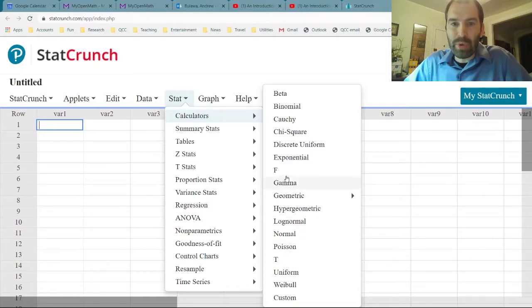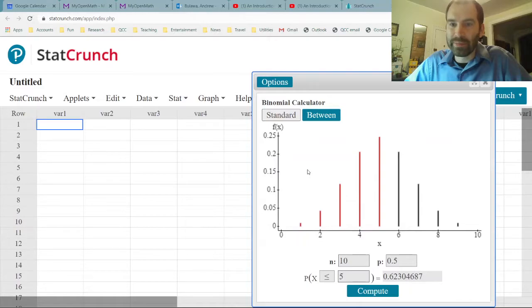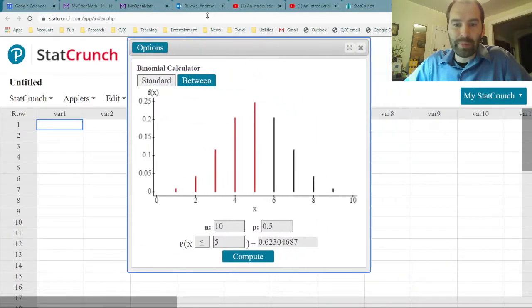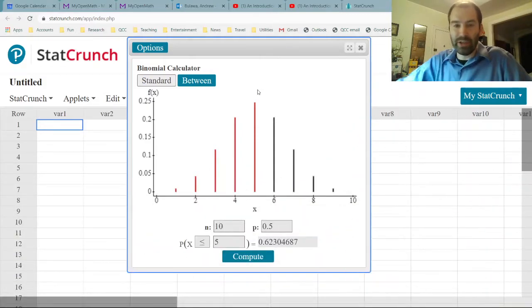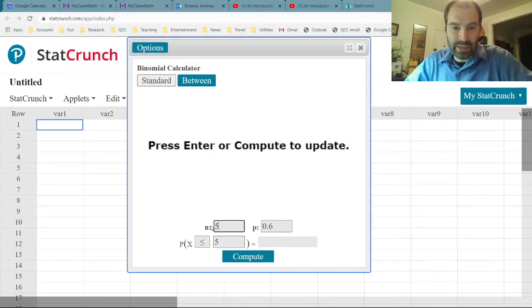Look at them all. But we know which one we want. We want binomial. So I'm going to choose that one right there. Okay? Now, what do I do with it? Well, I put in those parameters we were just talking about. So we said that P is 0.6 and N is 50. Let's put that stuff in here. P is 0.6, N is 50.